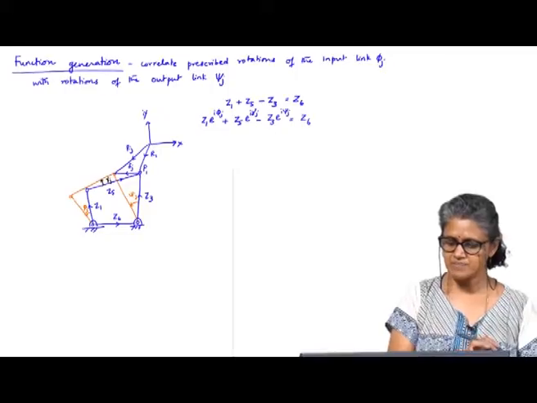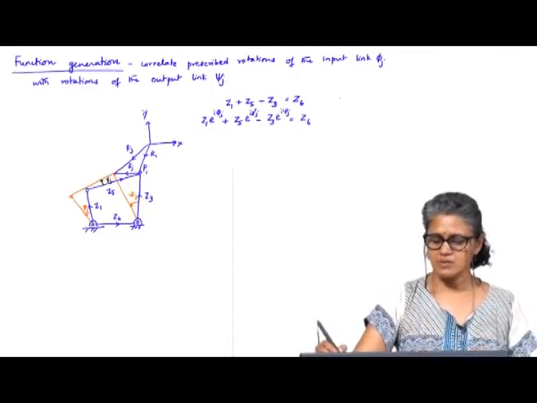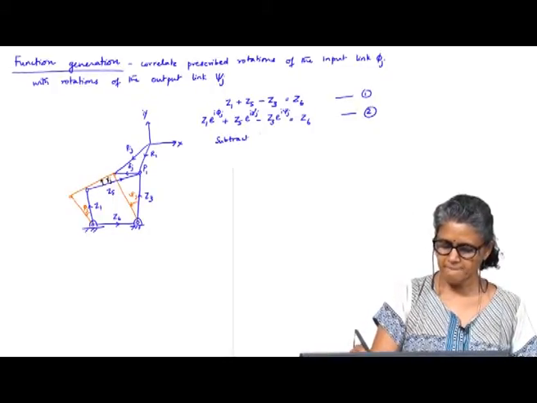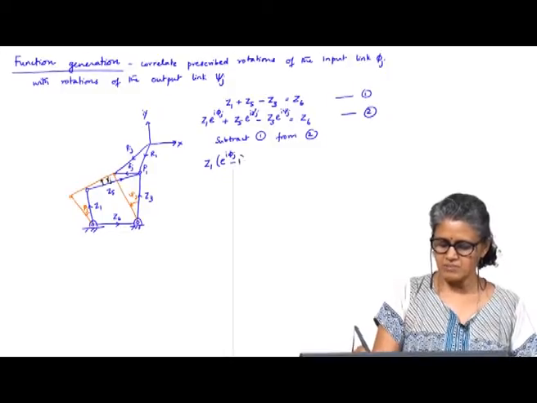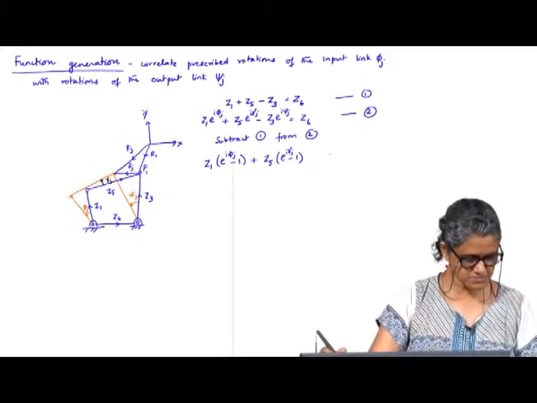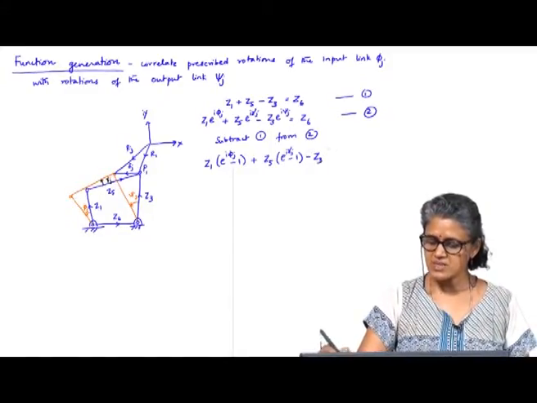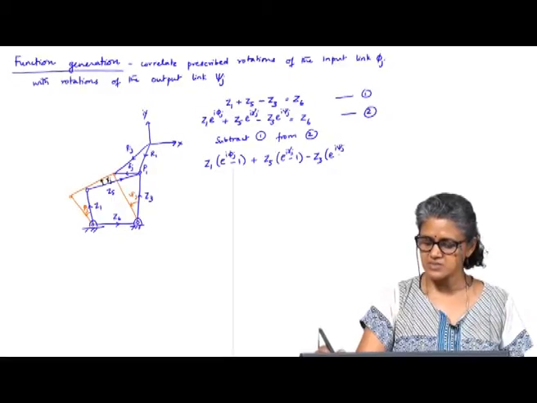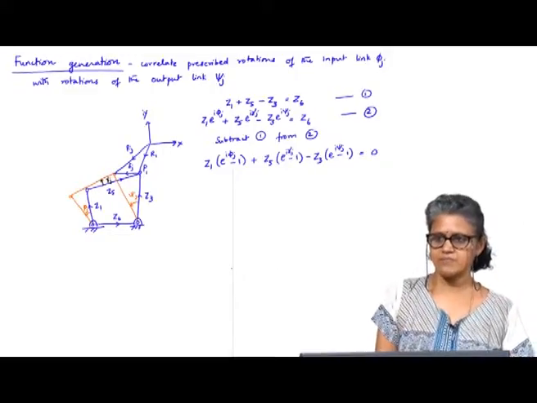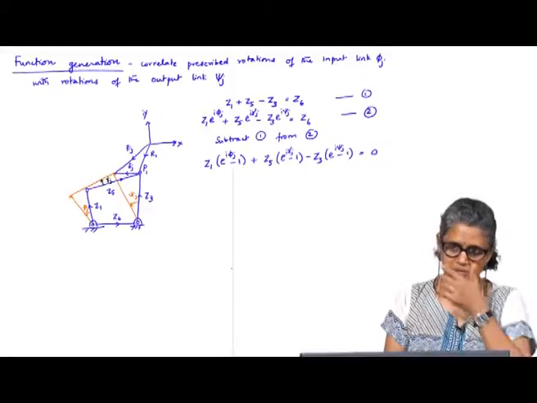So if I subtract 1 from 2, I get Z1 times (e power i phi j minus 1) plus Z5 times (e power i gamma j minus 1) minus Z3 times (e power i psi j minus 1) equal to 0. So this is not in the standard form.